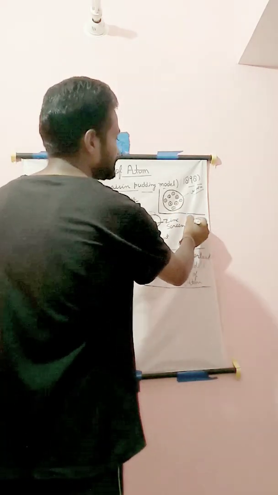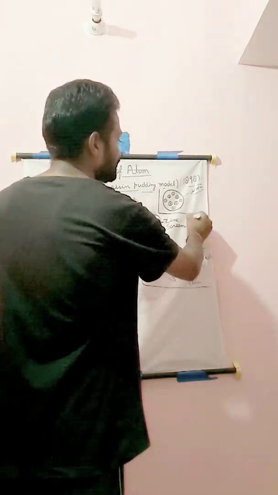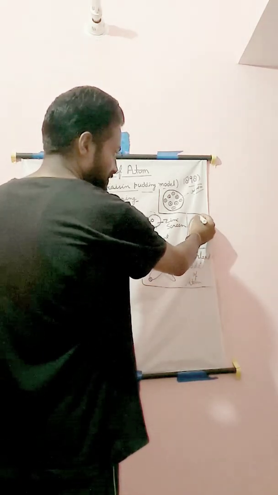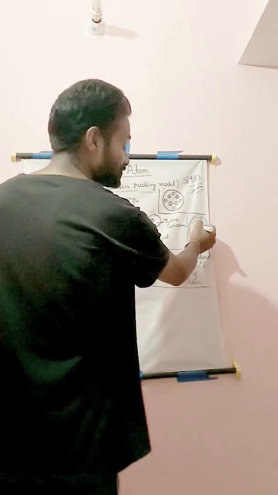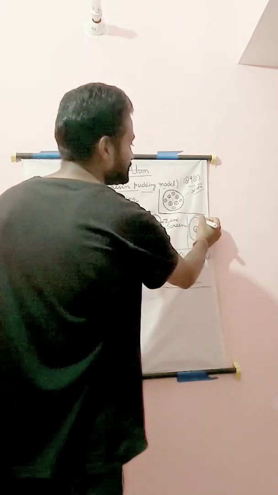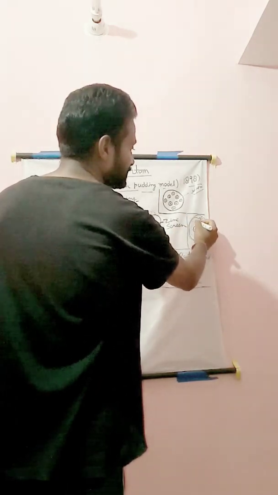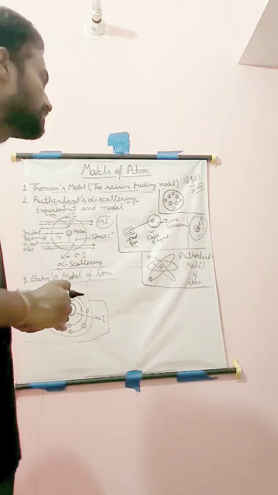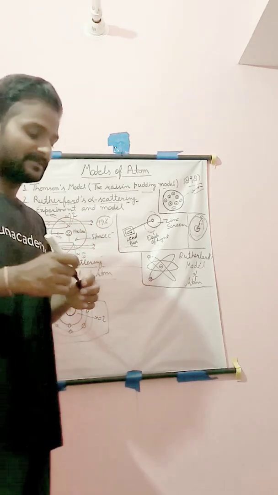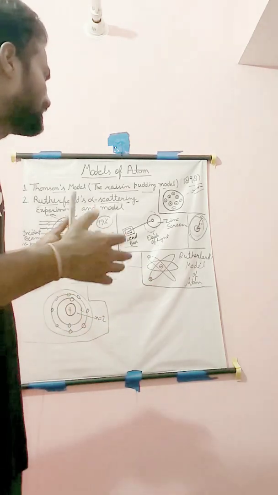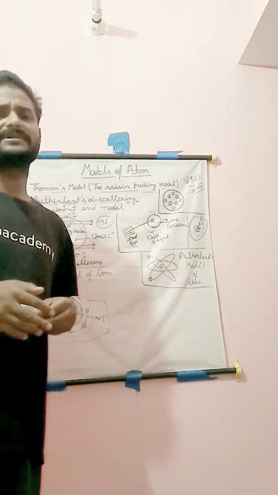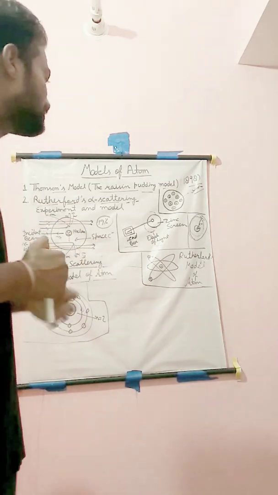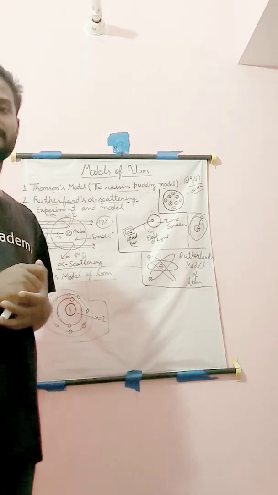So what will it do? They revolve like that, and they lose their energy because the positive charge attracts them. So it loses its energy, comes to the nucleus, and a collapse will happen. So you can say that this atom will not exist. This does not happen, so that's why Rutherford's model of the atom also failed.